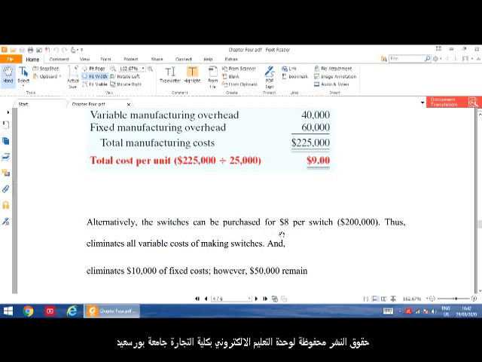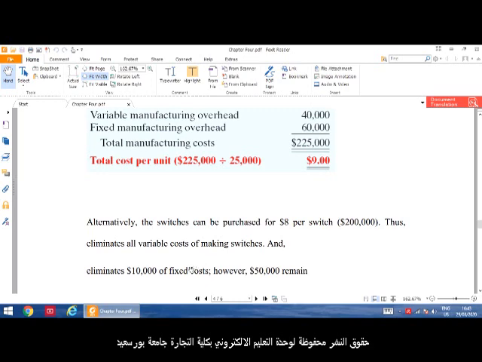At $8 per switch, we will purchase each switch for $8. All variable cost of making switches will be eliminated because we will buy, not make. We will purchase, so all variable cost of making switches is eliminated.